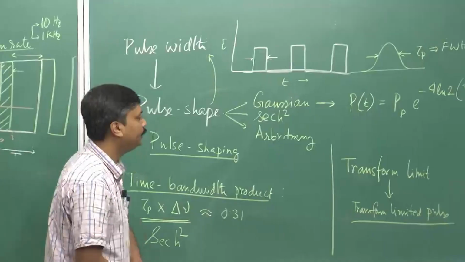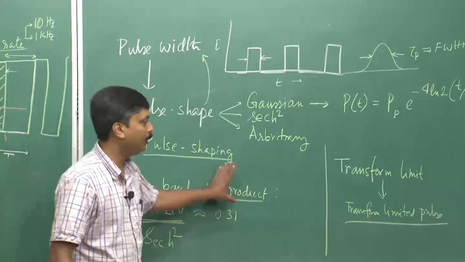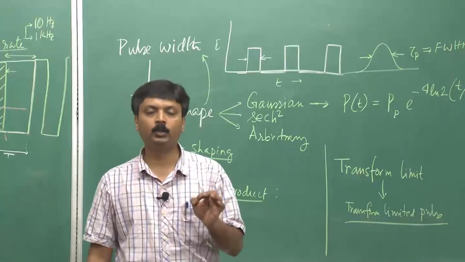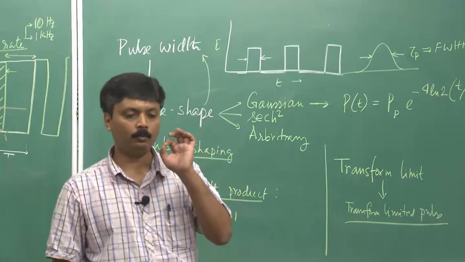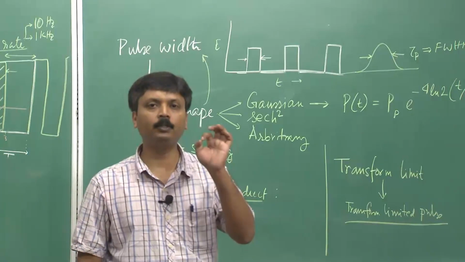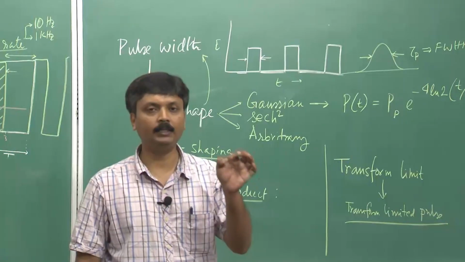In those cases this time bandwidth product and transform limit are of extreme importance, so that we can be sure that I cannot squeeze the pulse width further, or the spectral width further, and I have reached that limit.